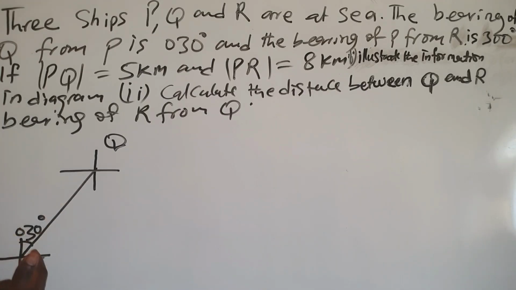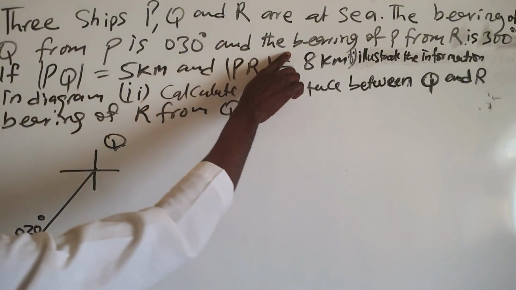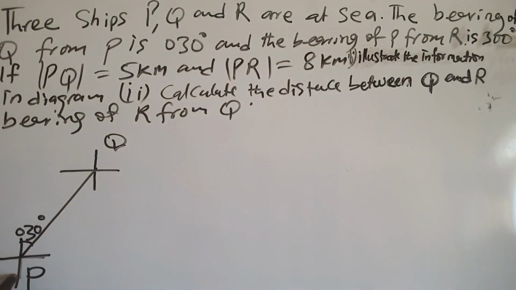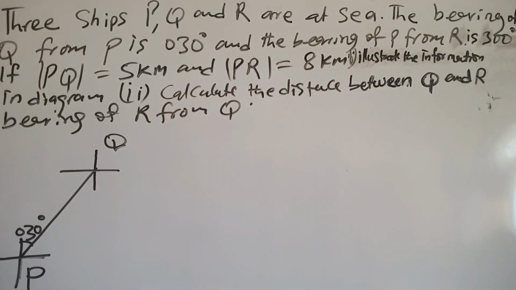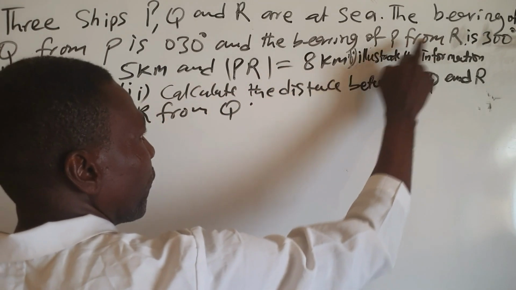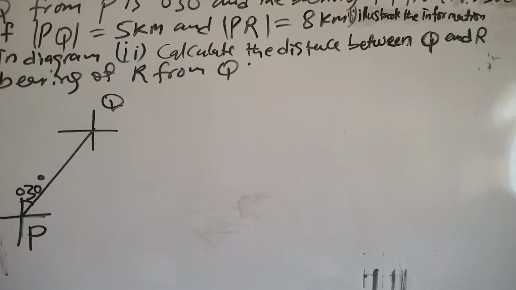Then the question also says that the bearing of P from R is 300, okay? The bearing of P from R is 300. Let us say that our R is somewhere here. This is the position of our R, and they say the bearing of P from R is 300, meaning that the bearing will start from R, okay?